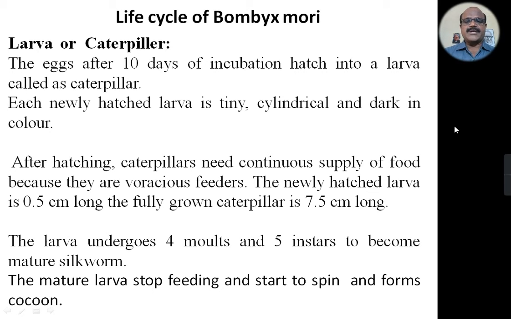Now the mature larva stops feeding, as the previous larva was a very voracious feeder. After becoming the fifth instar, the mature larva or mature caterpillar stops feeding, then starts spinning. It spins the silk thread around its body, and by doing this process it forms a cocoon.